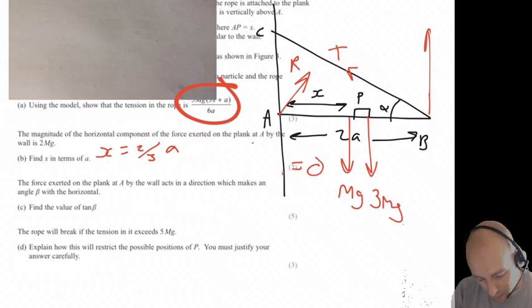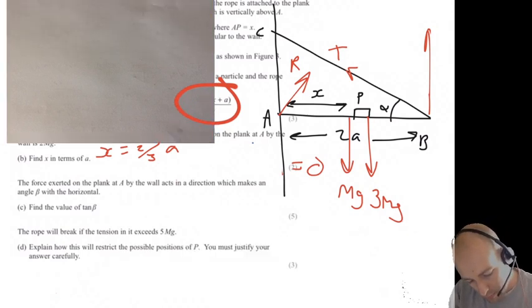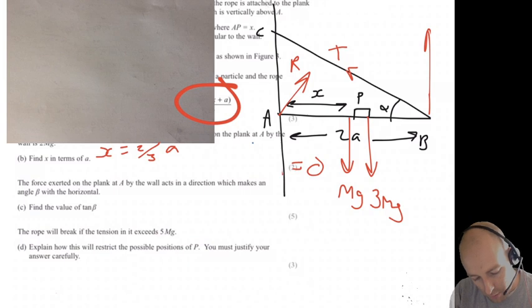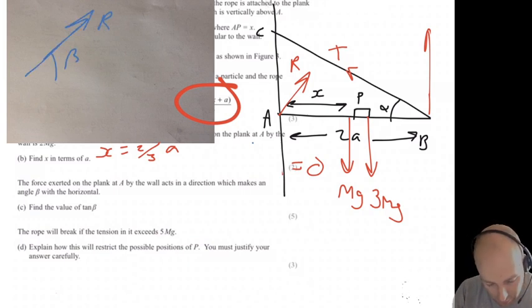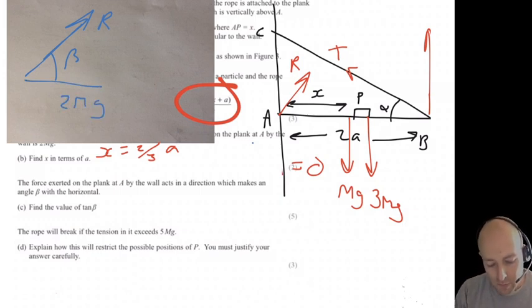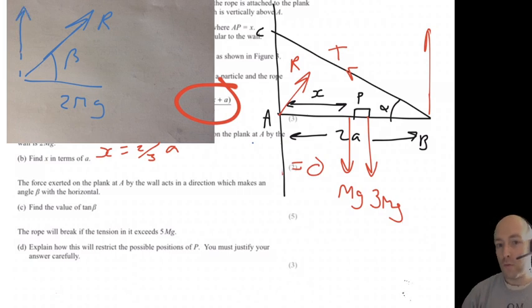If I resketch R from the wall there, we're trying to find this angle here, beta. Now I know horizontally the force was 2mg. So if I can find the vertical force here, we can just use those two forces to find beta.